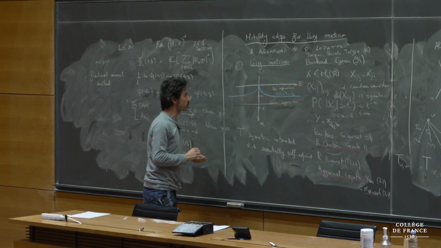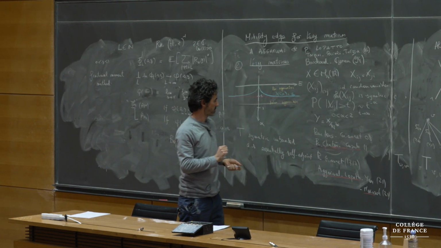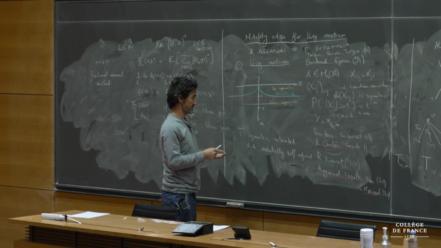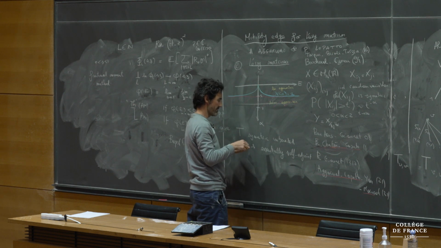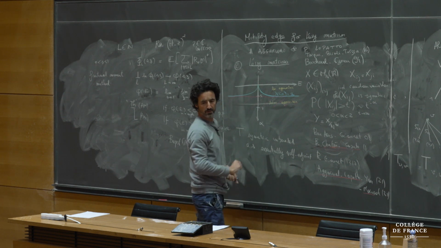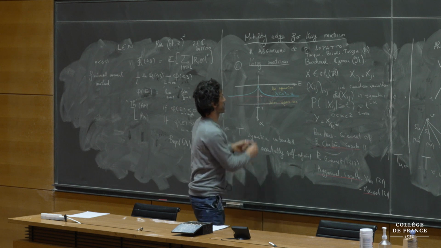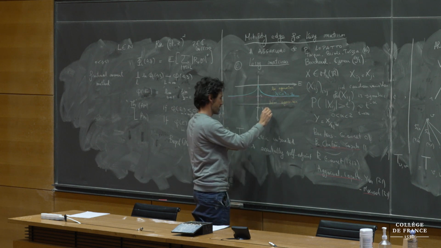What we have done with my co-authors, Amol Aggarwal and Patrick Lopatto, is prove that their computation was correct, and that for this random operator you can prove the existence of this mobility edge.